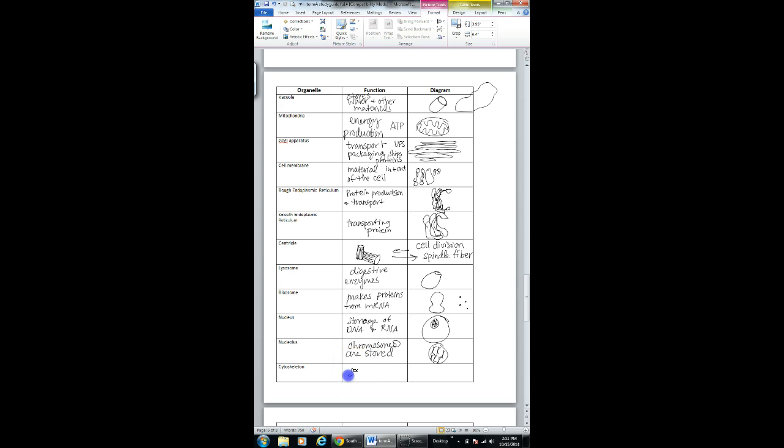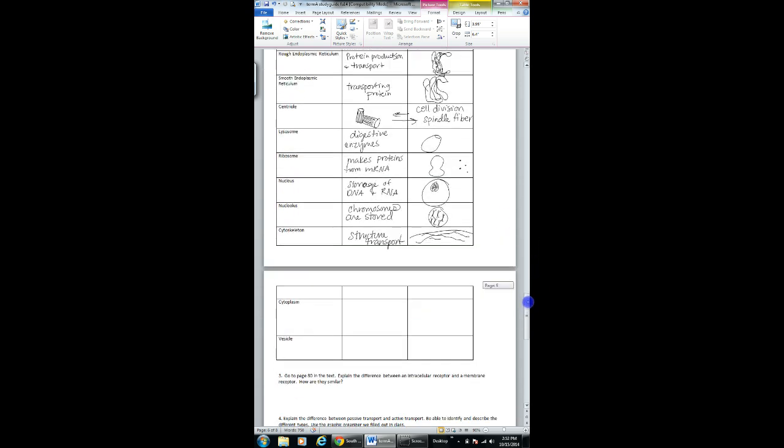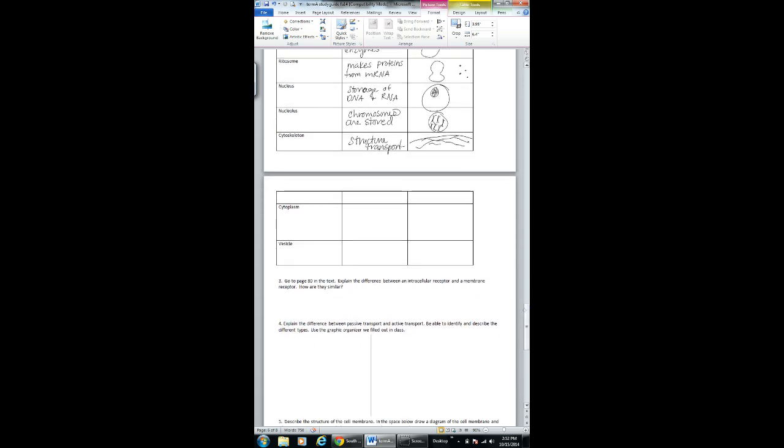And then the cytoskeleton is for structure, and it also is used for transport throughout the cell. That's little microtubules and microfilaments. Those are important, and underneath the lipid bilayer or the cell membrane, they give the structure. Cytoplasm, this is the jelly-like substance inside the cell that holds the organelles.